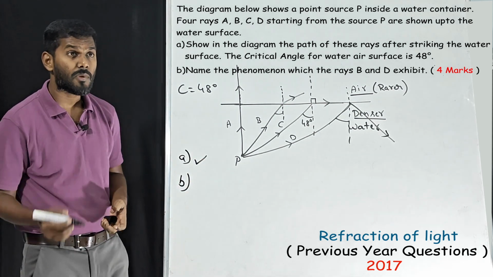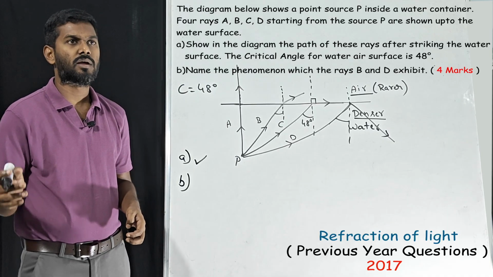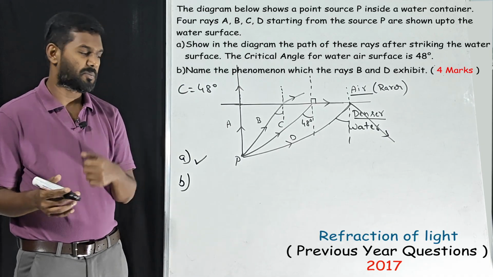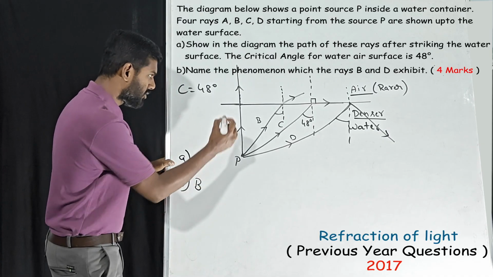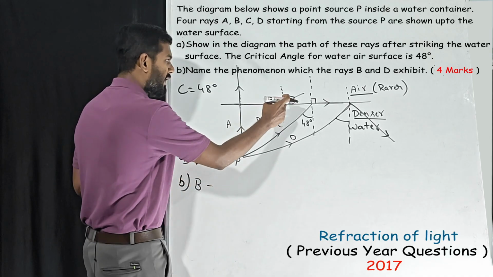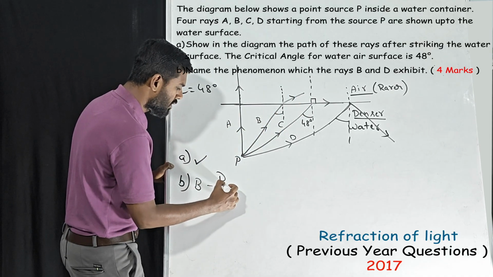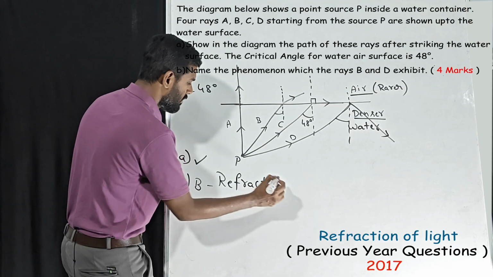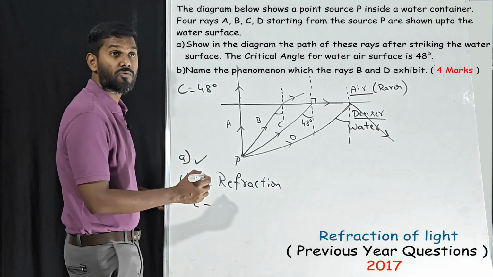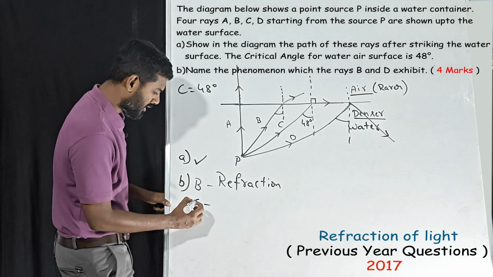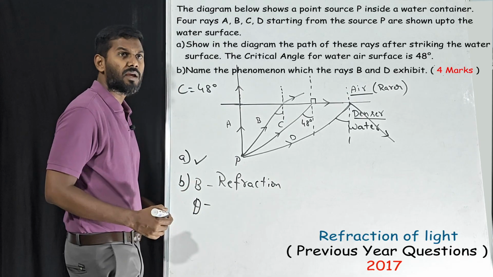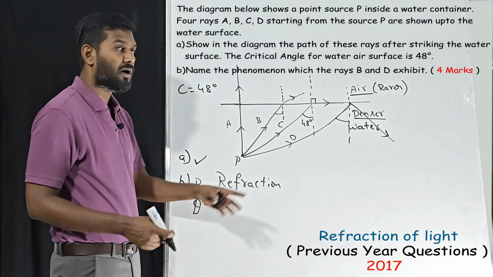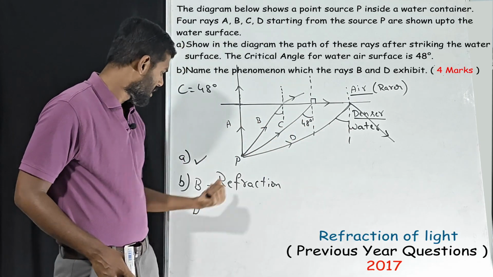Part B. Name the phenomenon which the rays B and D exhibit. According to the diagram, B exhibits normal refraction, and C, no, they are not talking about C, they are talking about D. What phenomenon is D exhibiting?